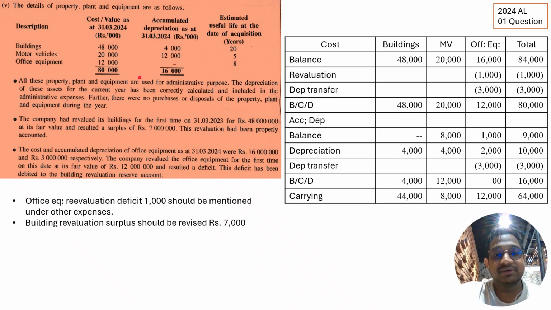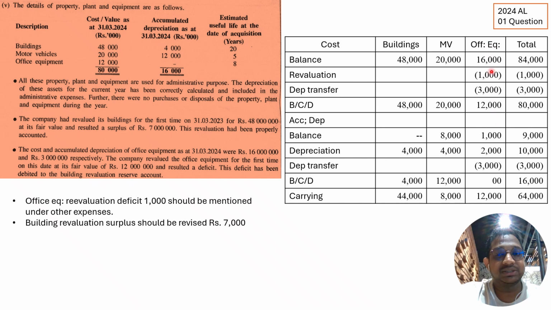So 16,000 divided by 8, the current year depreciation is 2,000. So if so, the opening accumulated depreciation should be 1,000, right? So the total depreciation that you should transfer from here to here is 3,000, and that's how you found out the 12,000.